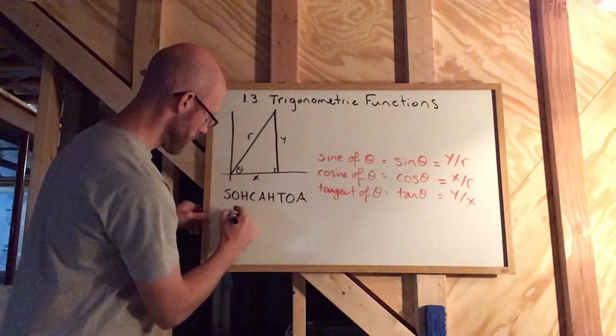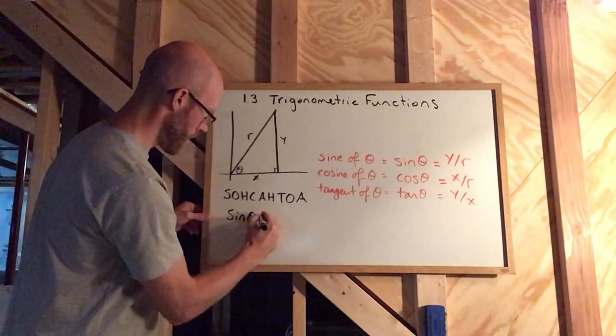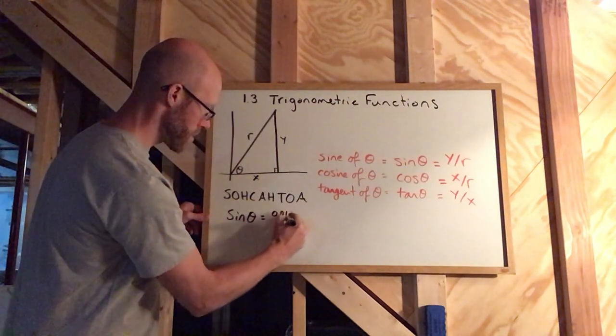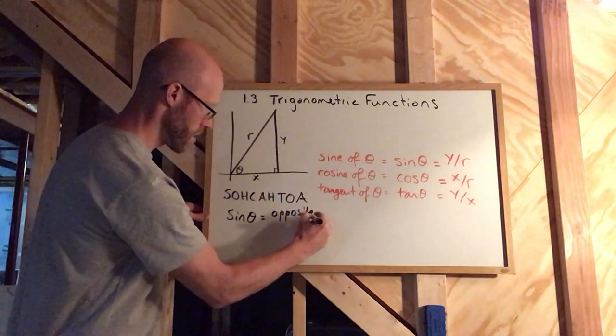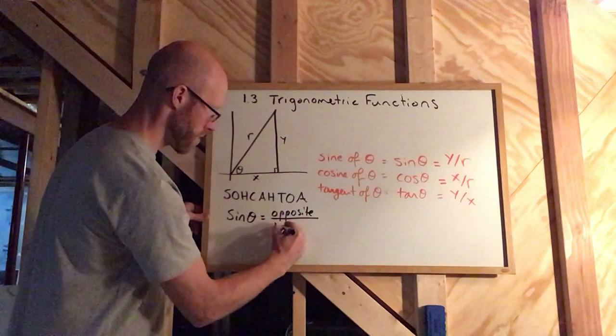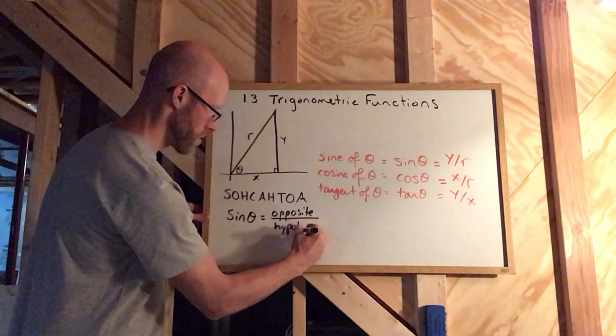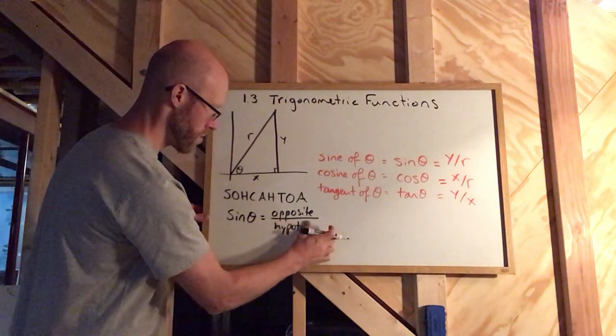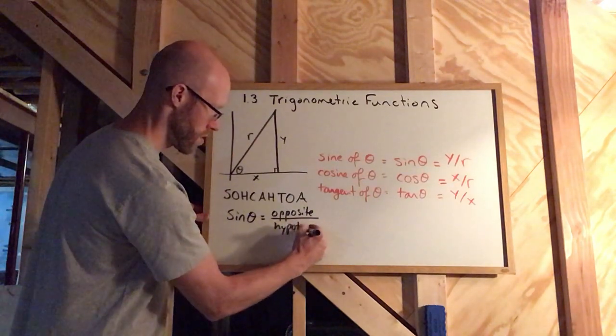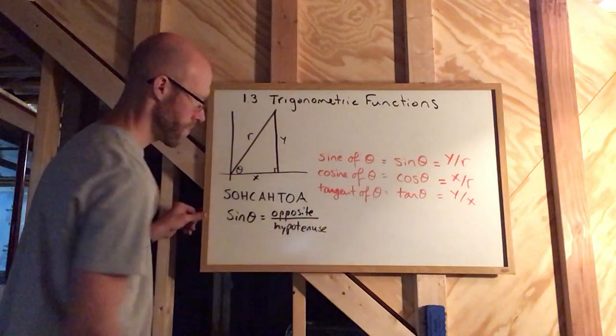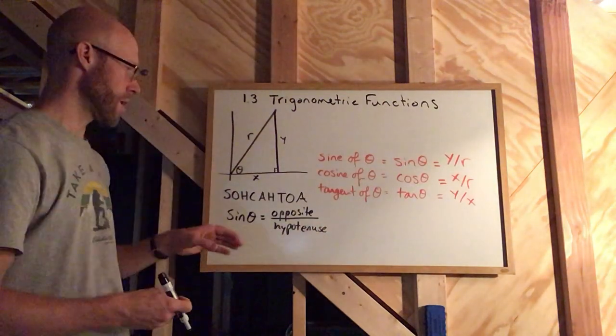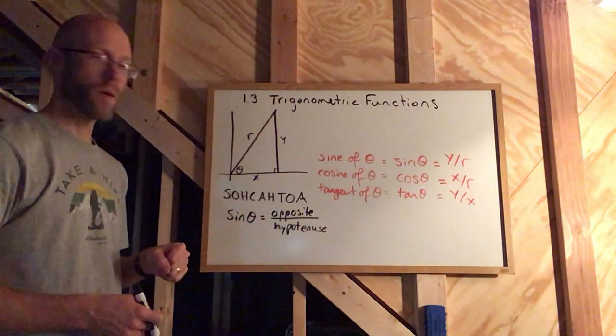Okay. So we'd say sine theta equals the opposite divided by the hypotenuse. Okay. So that's the opposite over the hypotenuse.